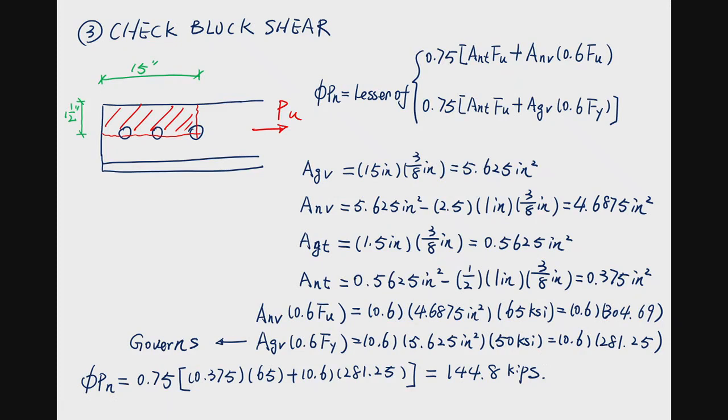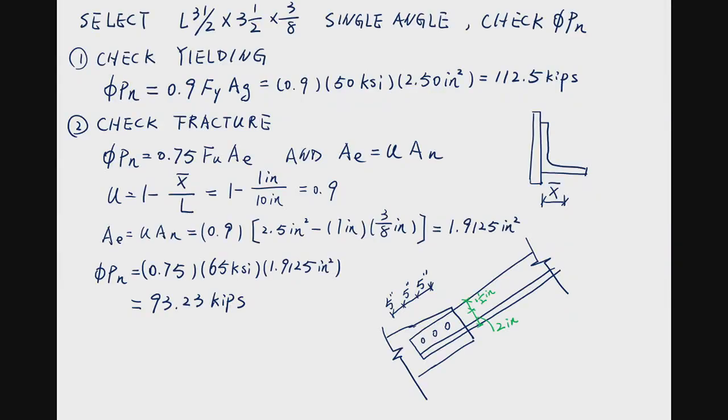Okay, and then we compare the results. Which one controls? It sounds like fracture controls, right? Fracture gives the smallest phi VPN, right? So fracture controls.